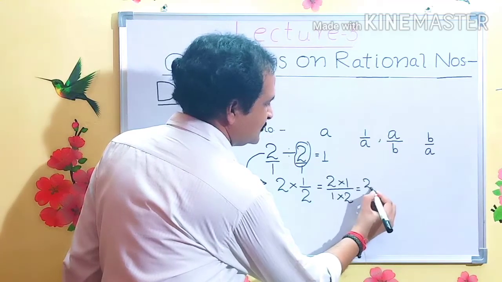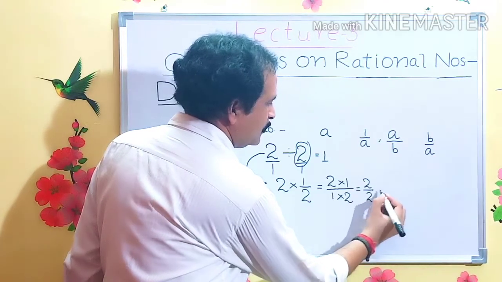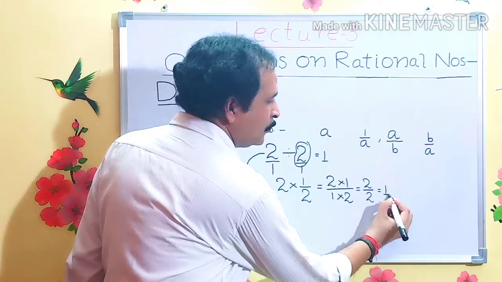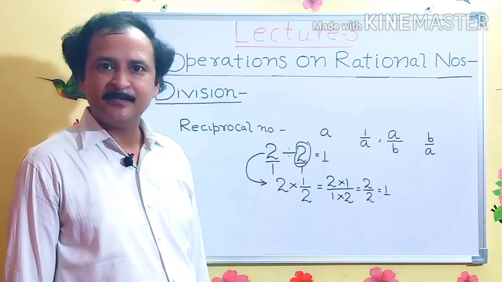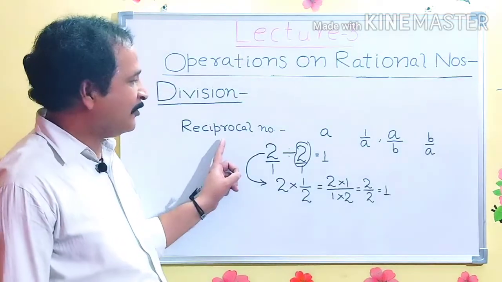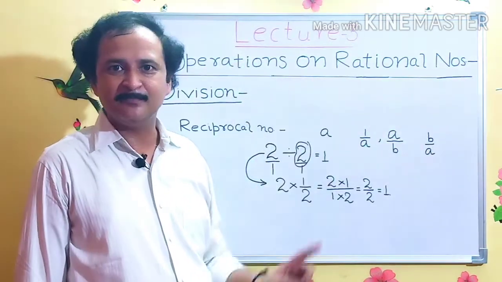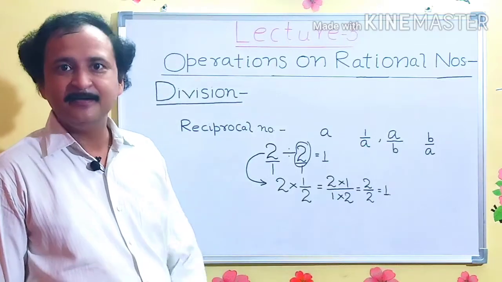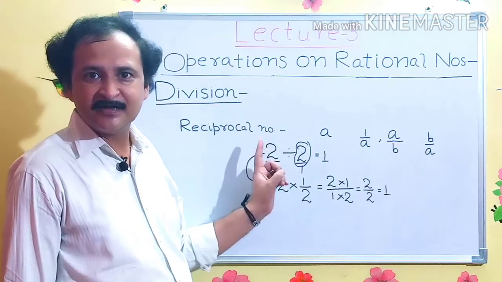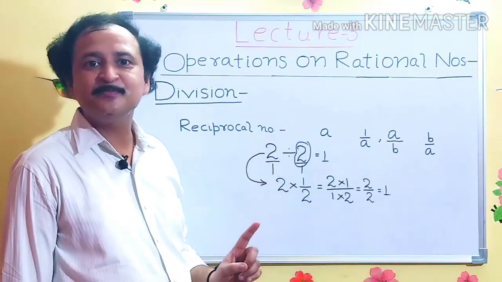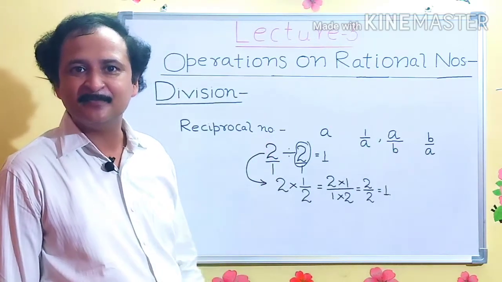So it is 2 upon 2, which is equal to 1. What does it mean? It means division of two rational numbers is nothing but the multiplication of one rational number with the reciprocal of the other rational number.